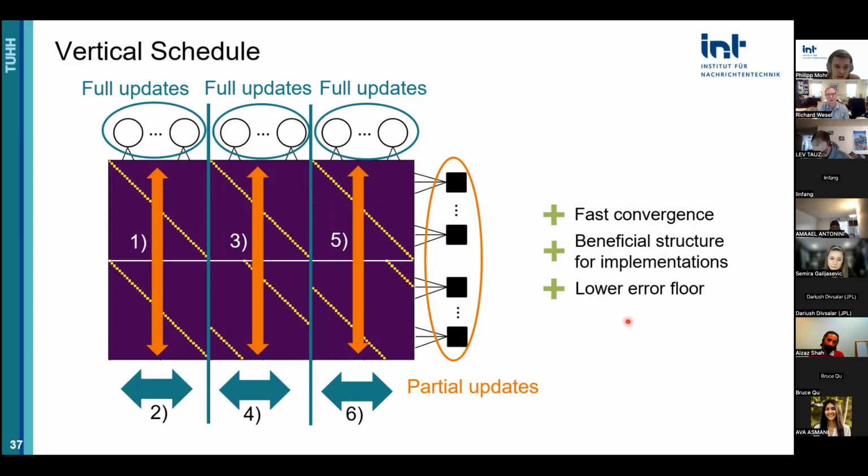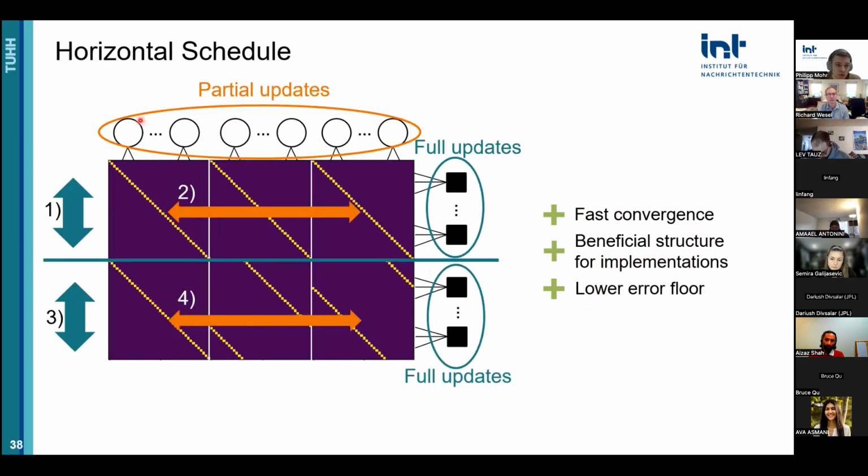And another option is to organize the matrix such that we have a horizontal schedule. And now we have the roles of variable and check nodes basically exchanged, and we have partial variable node updates and full check node updates.